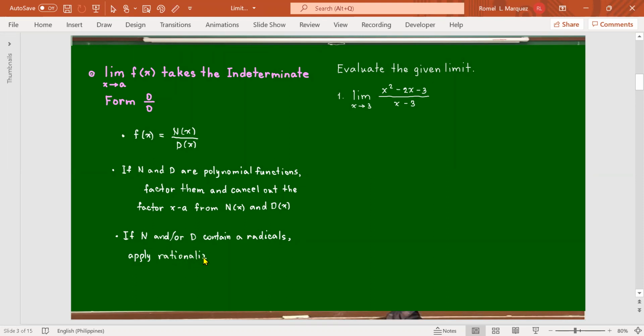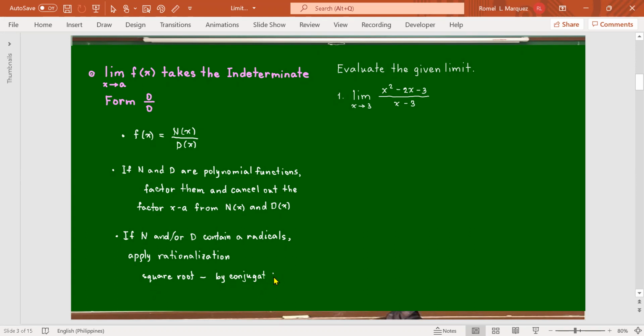Rationalization. Normally, if you have a square root, you multiply by the conjugate. Okay? So, when there is a square root, the radical, multiply by the conjugate, no? By the conjugate.